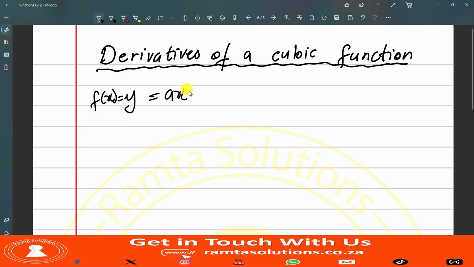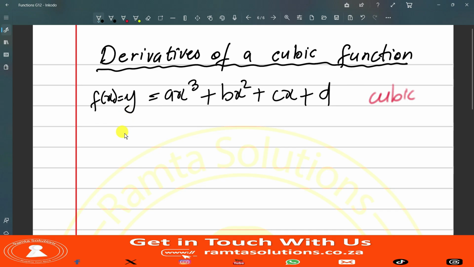So having said that, we know it is a cubic function. Then let's find the derivative of a cubic.